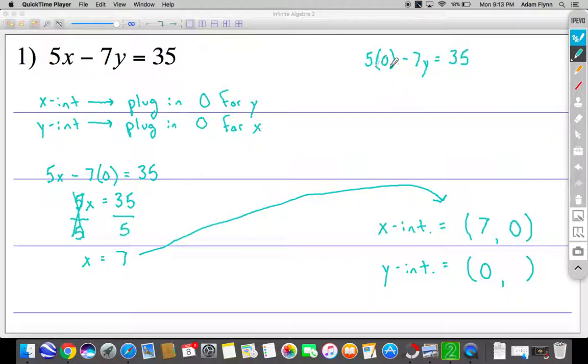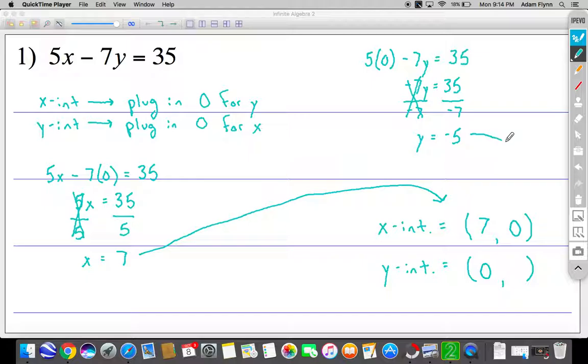So when I do the math, 5 times 0 is 0, so I'm left with negative 7y equals 35. I'll divide both sides by negative 7. These negative 7's cancel. So I get y equals 35 divided by negative 7, which I know is negative 5.